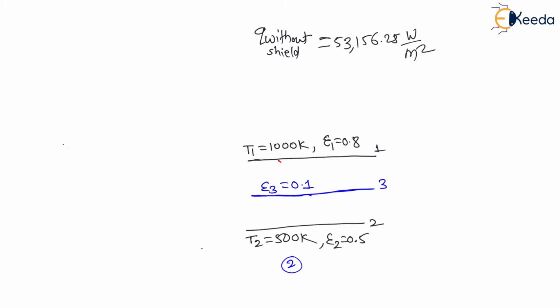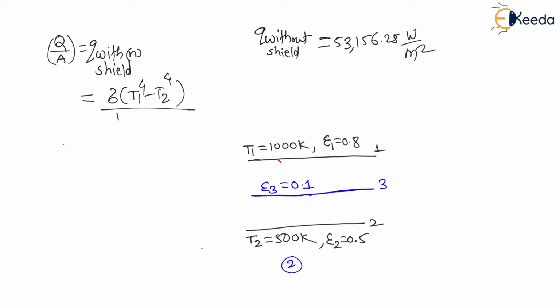Again the heat transfer rate per unit area, that is heat flux with n shields, we have derived: sigma (T1 to the power 4 minus T2 to the power 4) divided by (1 upon emissivity 1 plus 1 upon emissivity 2 plus 2n divided by emissivity 3 minus n plus 1), where n is the number of shields used.